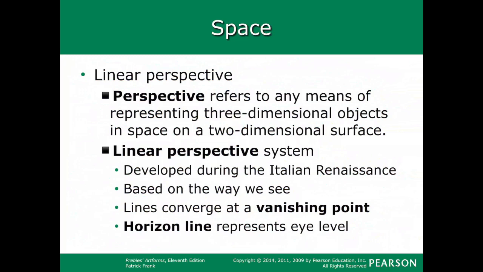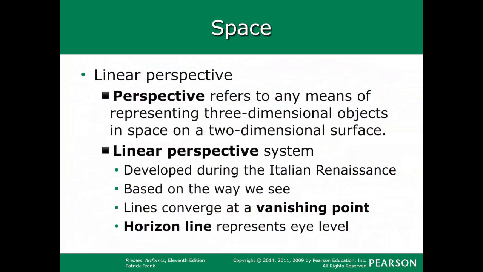Whenever it comes to the vanishing point, it's usually based off of something on the horizon line. The horizon line represents the eye level. So if you can imagine that you are at the beach and looking out into the ocean, where the sky meets the ocean, that connection, that line, that's the horizon line.